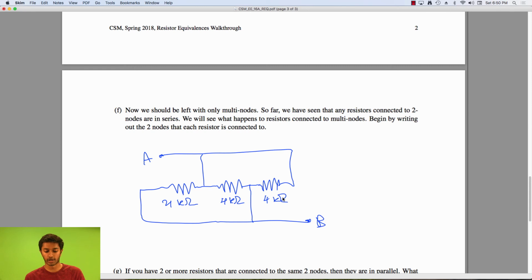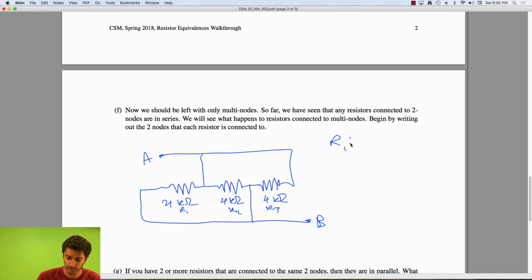Okay, now let's look at part F. Just for convenience to look at, I redrew the circuit that we came up with in part E. And so now let's write out the two nodes that each resistor is connected to. So let's call these R1, R2, R3.